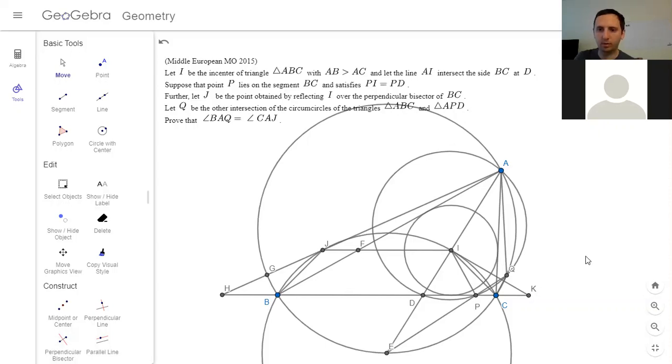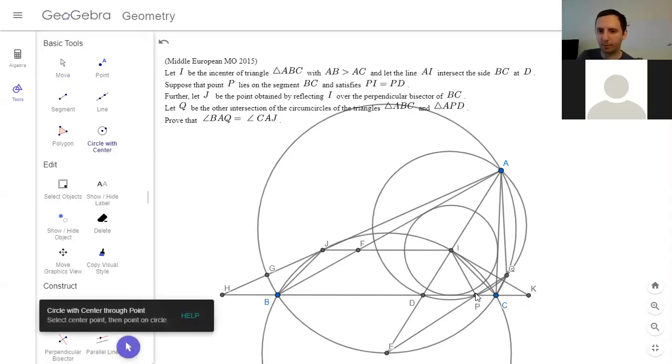All right, so IK is tangent to this circle, and PI equals PD equals PK. I don't know if that helps.